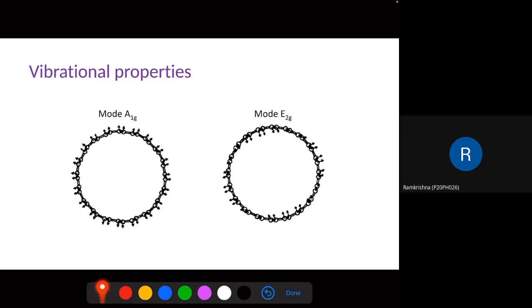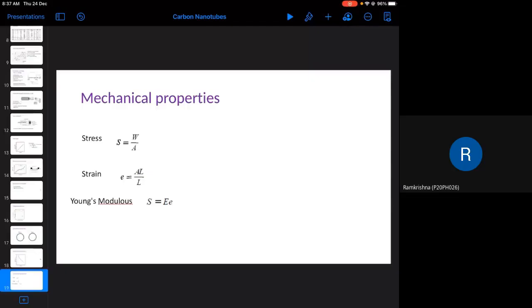So many different properties you will have due to carbon nanotubes, but I think we will not go into any of the applications. If in the future we need any particular application and we see that the properties are suitable, we will explore that in the future.